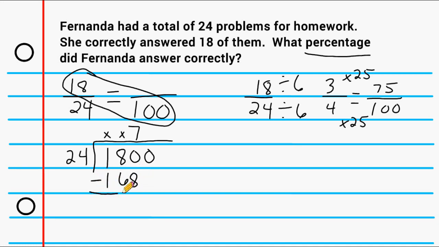And subtracting 168 from 180, we get 12. And we have one more digit to contend with, so we drop that down. And 24 can be divided into 120 exactly 5 times. So we still end up getting 75 out of 100, which is equal to 75%.